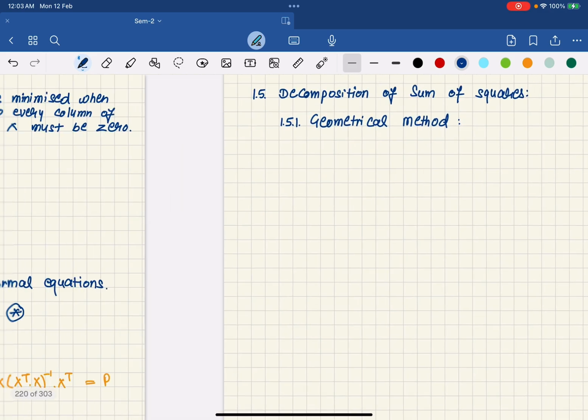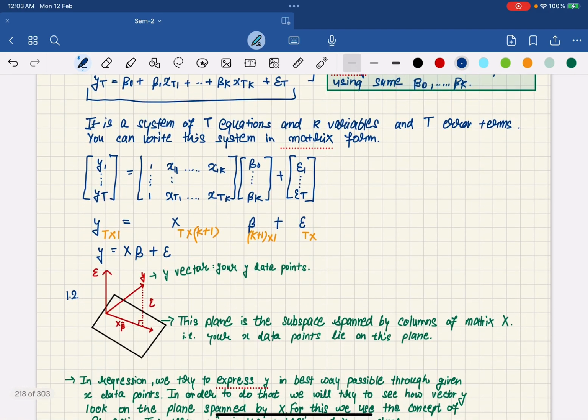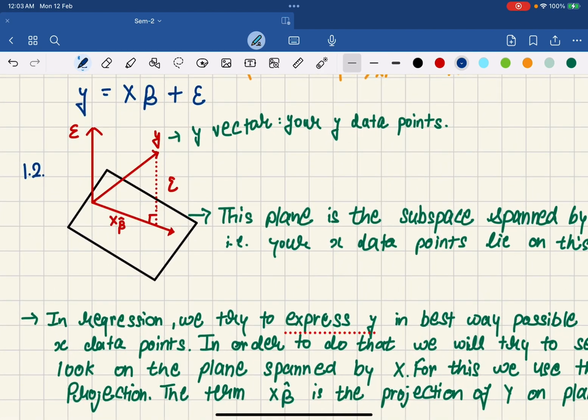Okay, so let's look at the picture again. In this picture, we have our X b hat vector, we have our error term vector, and we have our y vector, right?